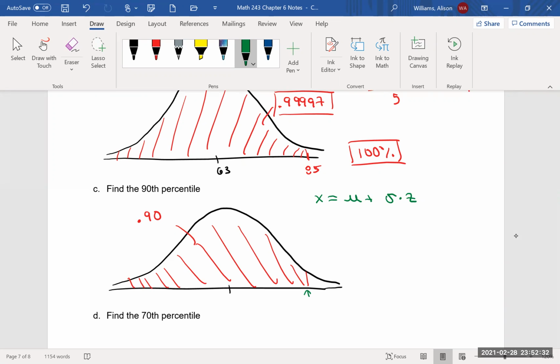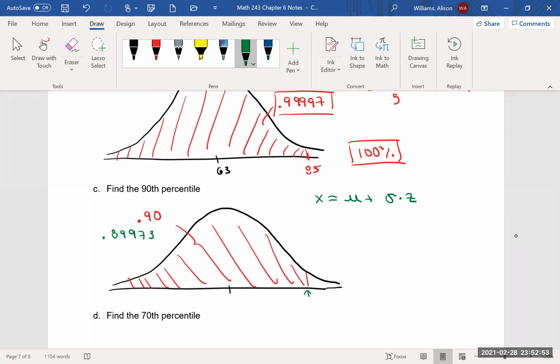And when I look at the table, the closest I'm seeing to 90%, I'm going to go ahead and write this in green, is 0.89973.